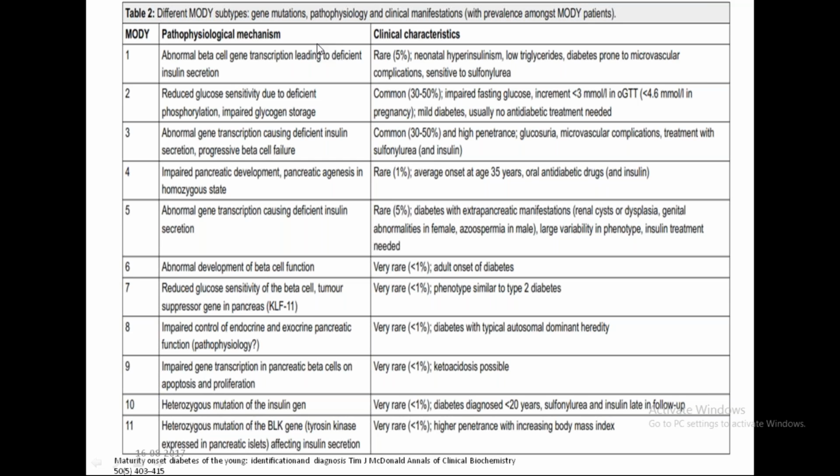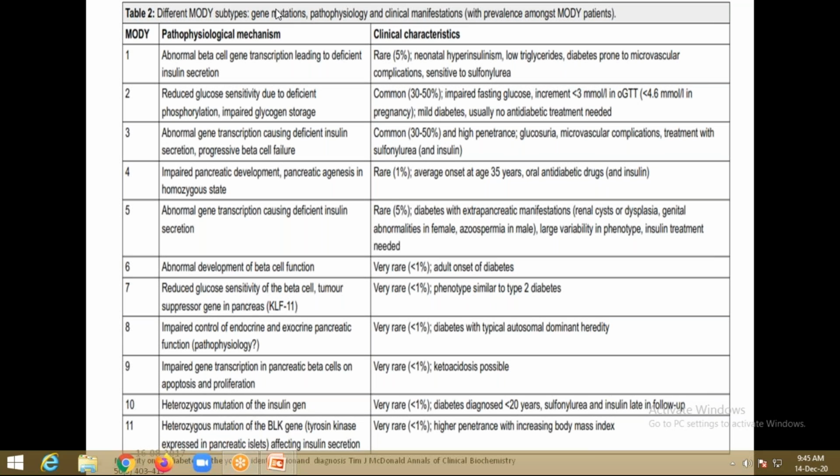Here in these MODY types, we need not go through all. I will just mention abnormal beta cell transcription leading to deficient insulin secretion, and because of that you can have rare neonatal hyperinsulinism, low triglycerides, diabetes prone to microvascular complications, and sensitivity to sulfonylurea.